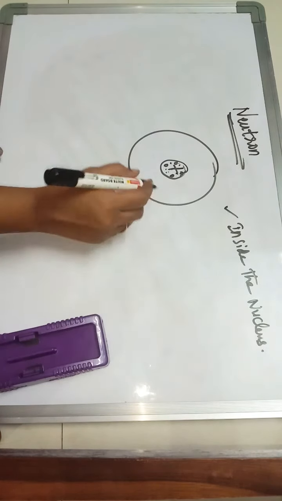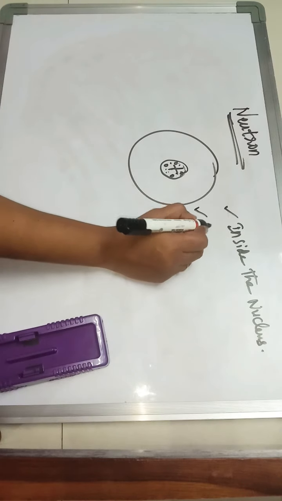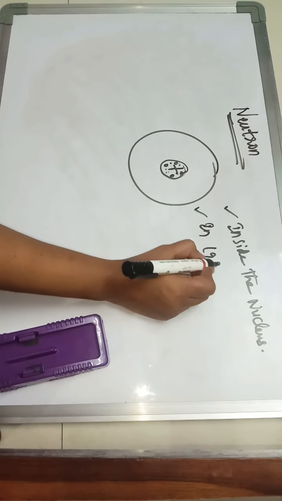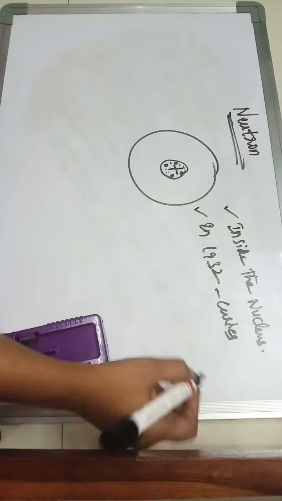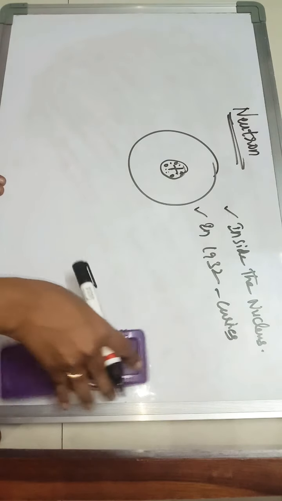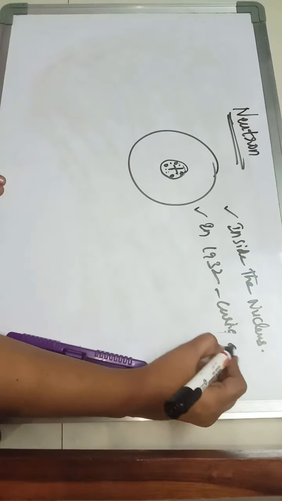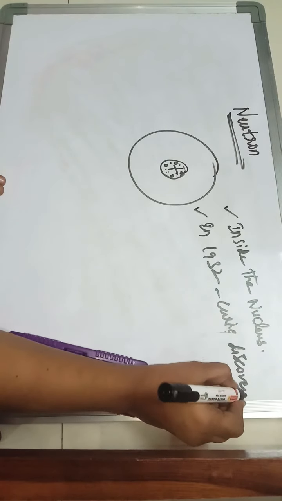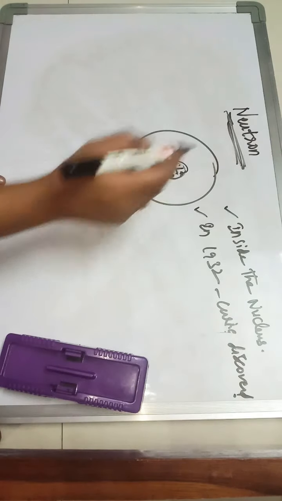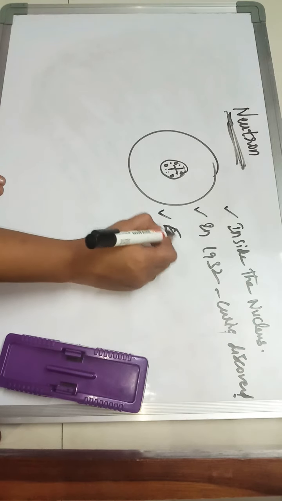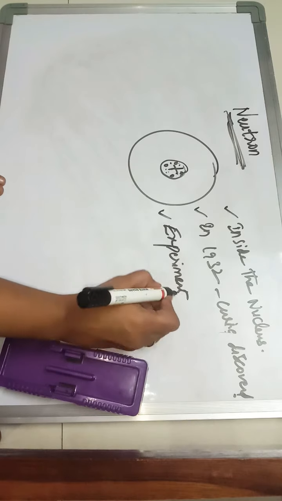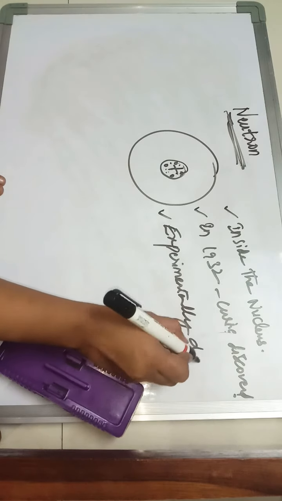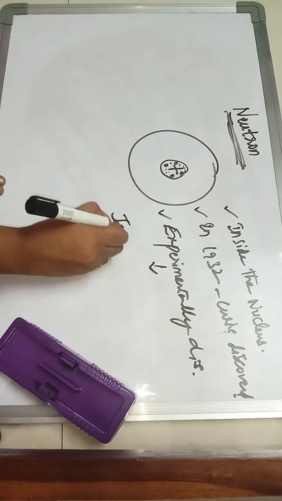In 1932, Curie couples discovered these neutrons, and they were experimentally discovered by James Chadwick.